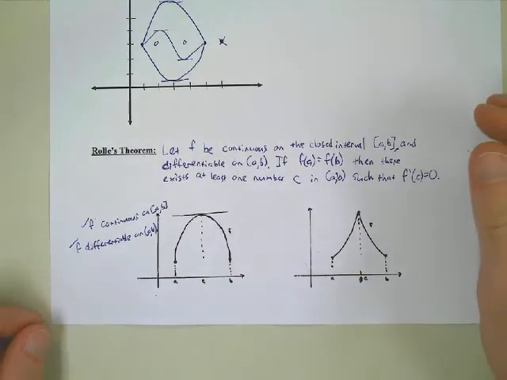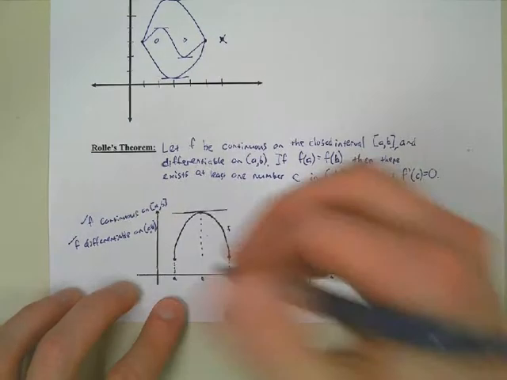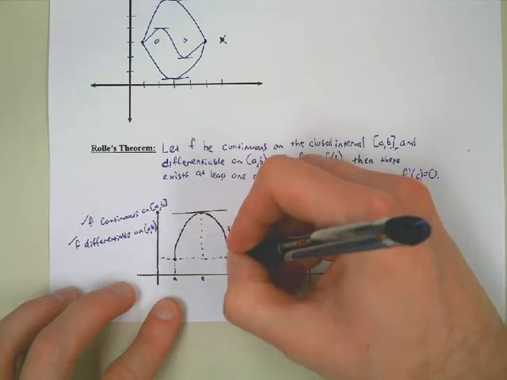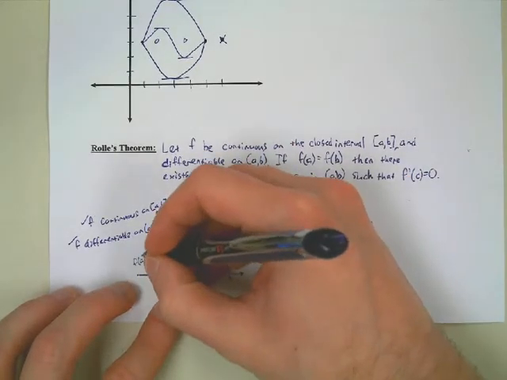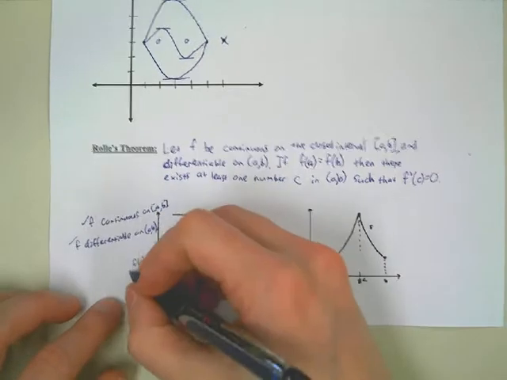What's the other condition? f(a) has to equal f(b). What does it look like? f(a) is the same value as f(b), basically. I know it's a sketch, so we kind of have to see that. But it looks like f(a) equals f(b), so check.